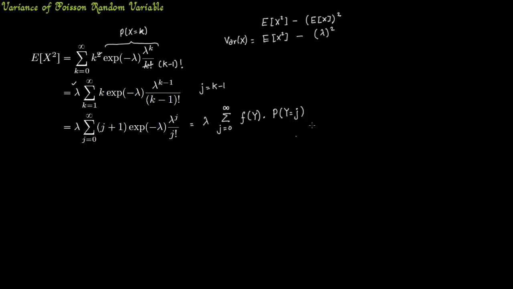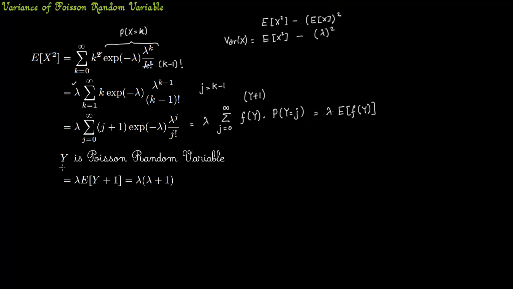So this looks like an expectation, and this probability is that of a Poisson random variable. So this will be equal to lambda times expectation of f of Y. Now what is f of Y? f of Y we see here is j plus 1. So that means it will be Y plus 1.